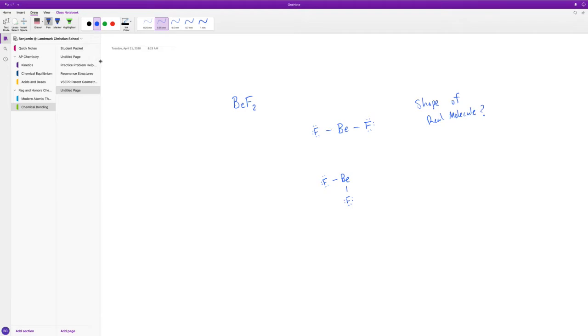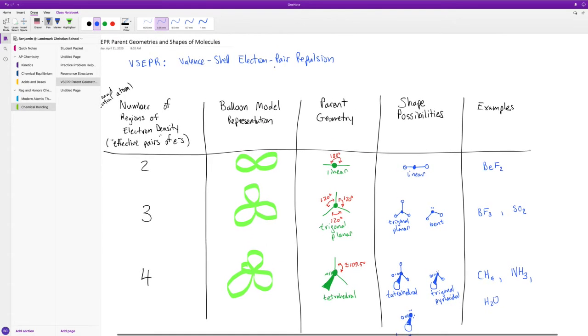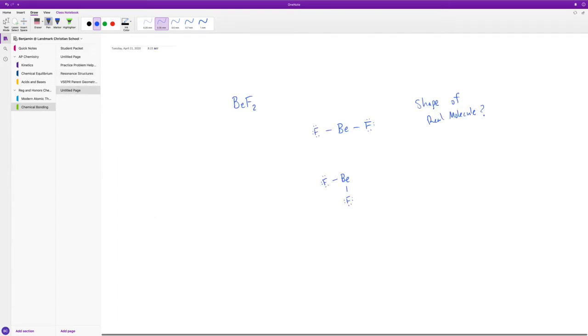So to use VSEPR, we recognize that valence shell electron pairs repel, like these balloons repel. So what we want to do here is count up the number of valence electron pairs around the central atom. So identify your central atom, the one that's in the middle of your structure.